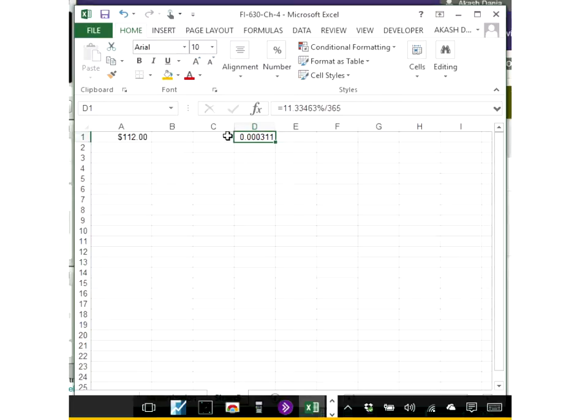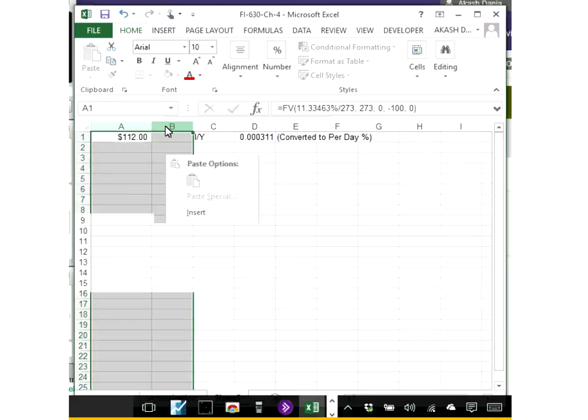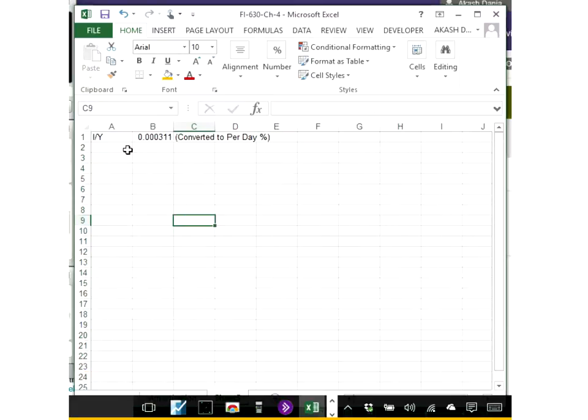It should be, so even though it's the annual rate 11.33463%, it has to be divided by 365 because that's going to give you your per day rate. Okay, so this is converted to per day interest.